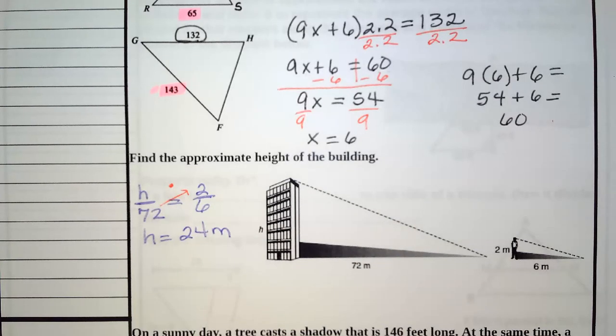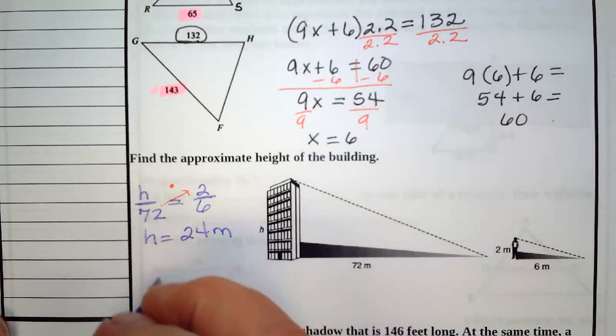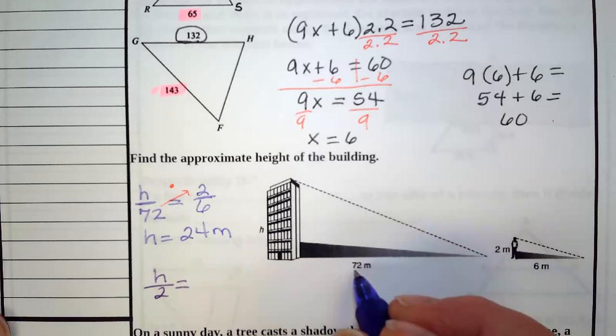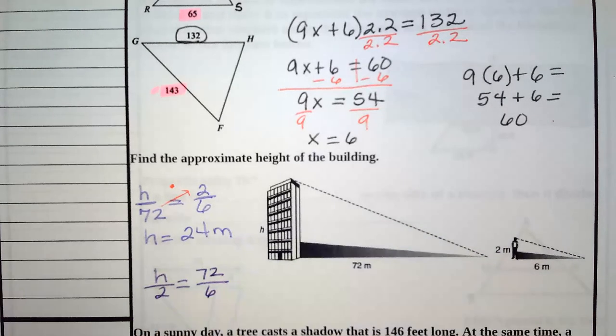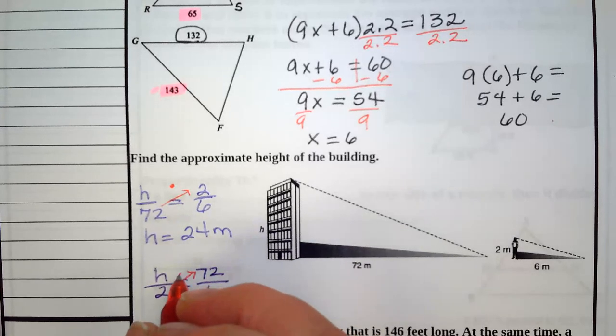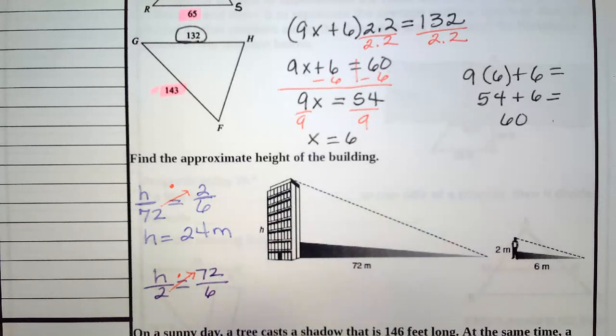But what if I wanted to go from triangle to triangle? H over 2 is equal to 72 over 6. And you're still doing the same multiplication. 72 times 2, divided by 6.